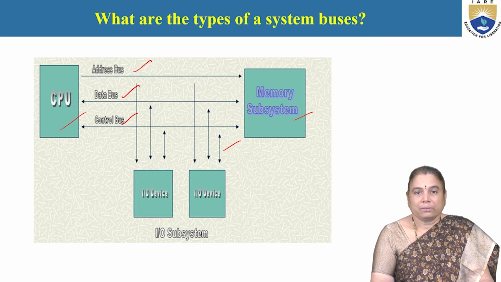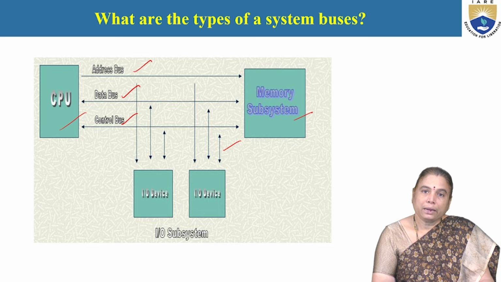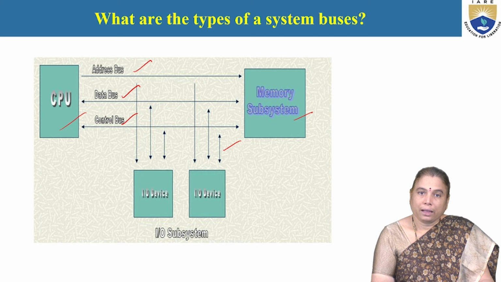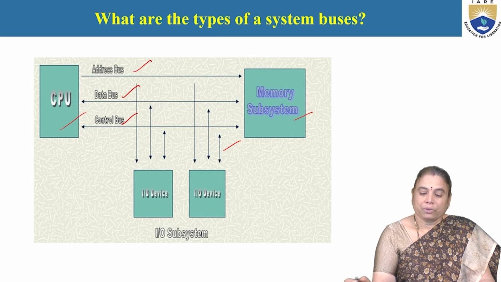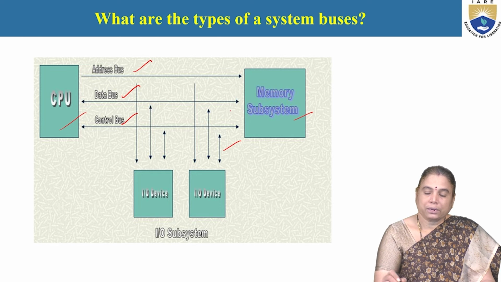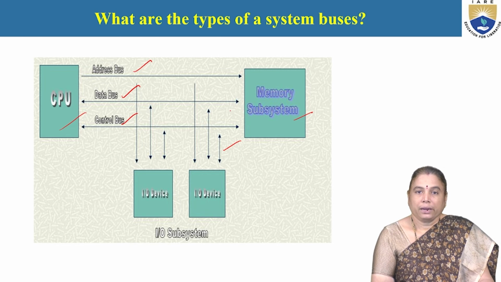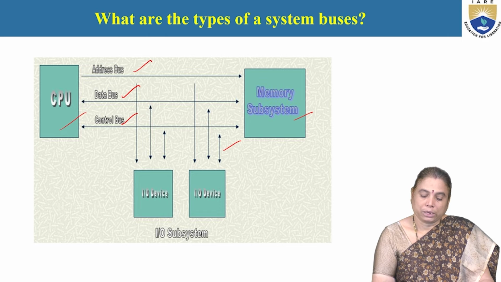The address bus carries the address of the memory location where we have to perform the operations on the memory. The data bus holds the data which can be read or written from the memory. So the data bus is bidirectional. The data can be read or written from the memory location.